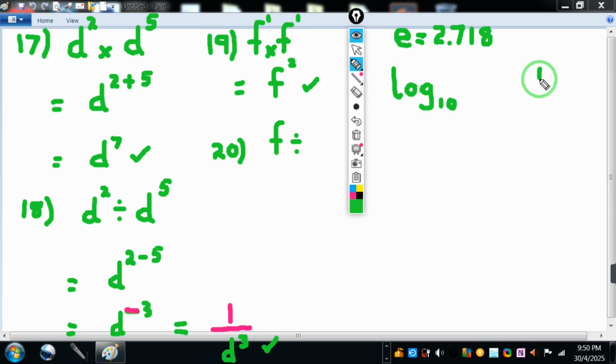The other one is called the natural log. The natural log was discovered by a mathematician by the name of Napier. They call this the Naperian log. It has this E value here.